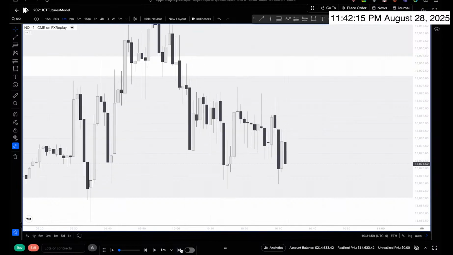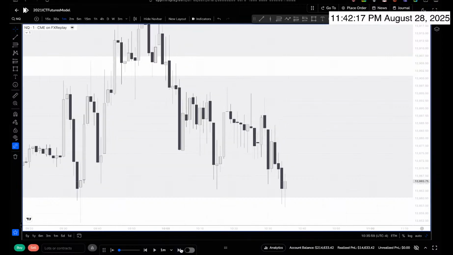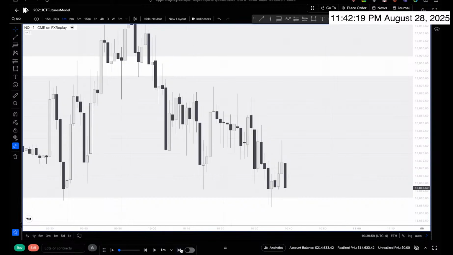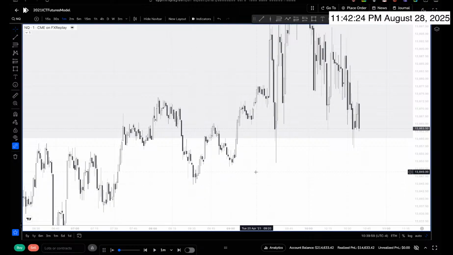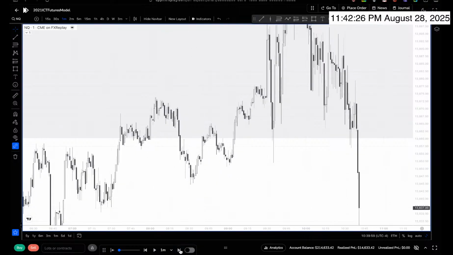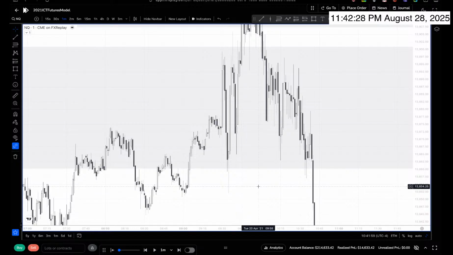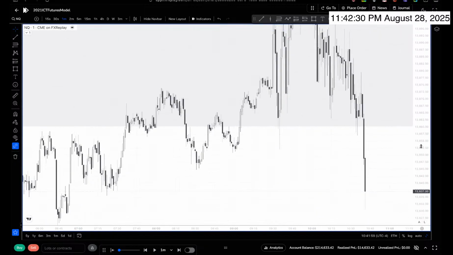Price consolidates somehow. They are pretty confident it's going to draw to these lows there. Oh, very nice. Look at this.